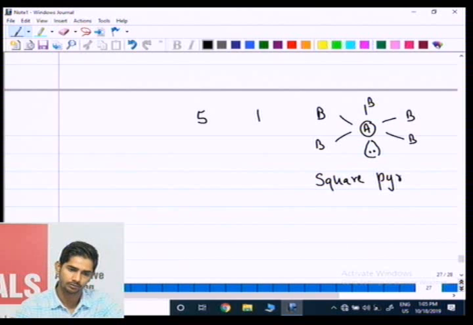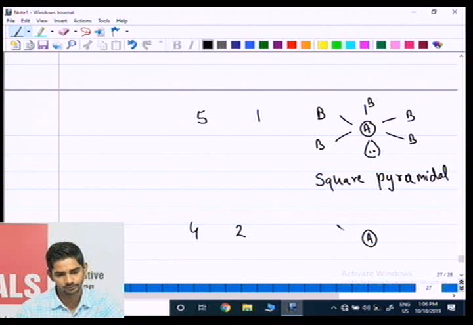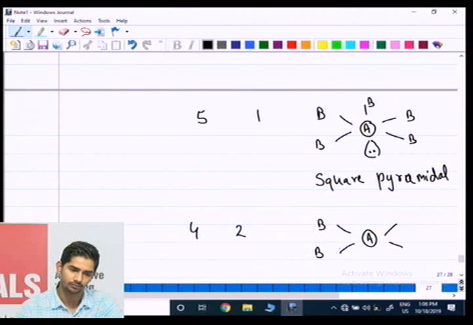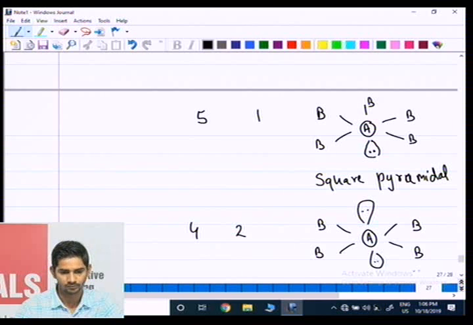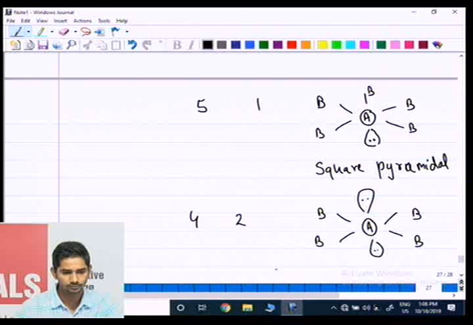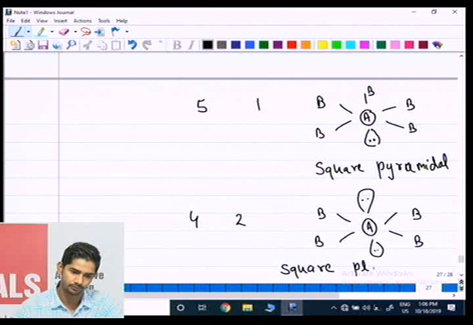Square pyramidal. 4, 2. This is your square planar.